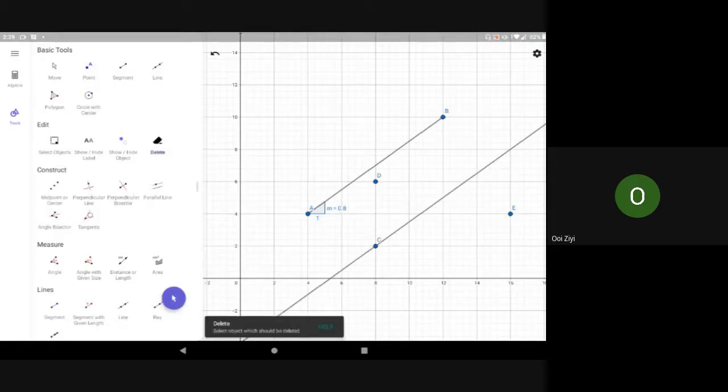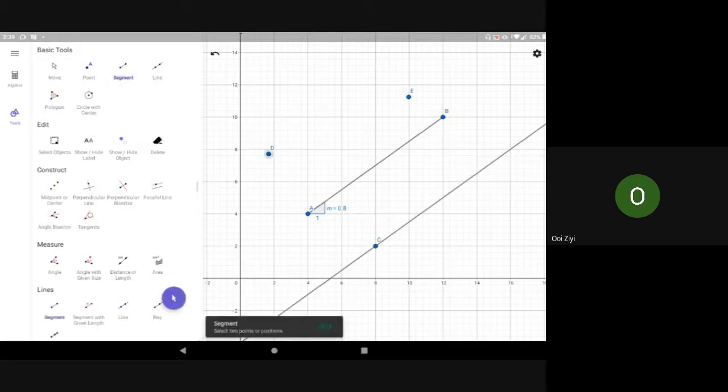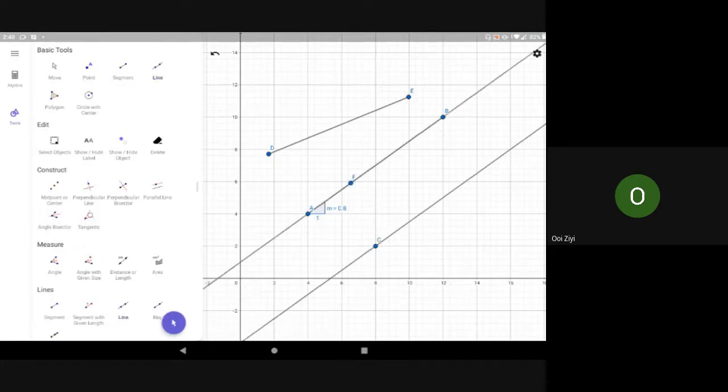So let's say another one. Even though line AB and line BE do not intersect, when we extend the line, it still can intersect.